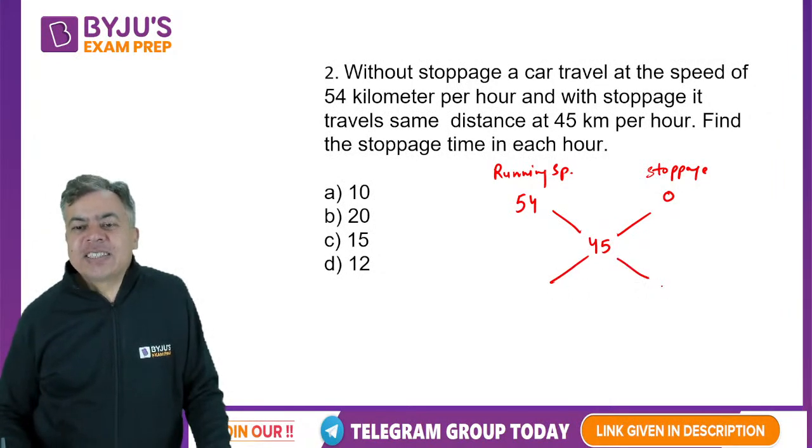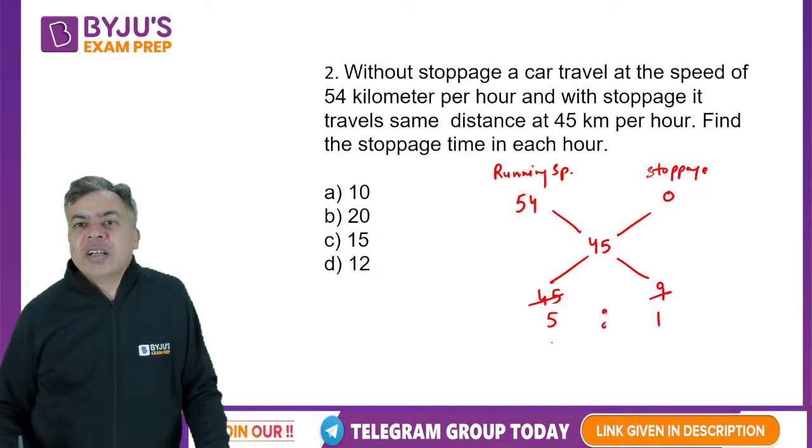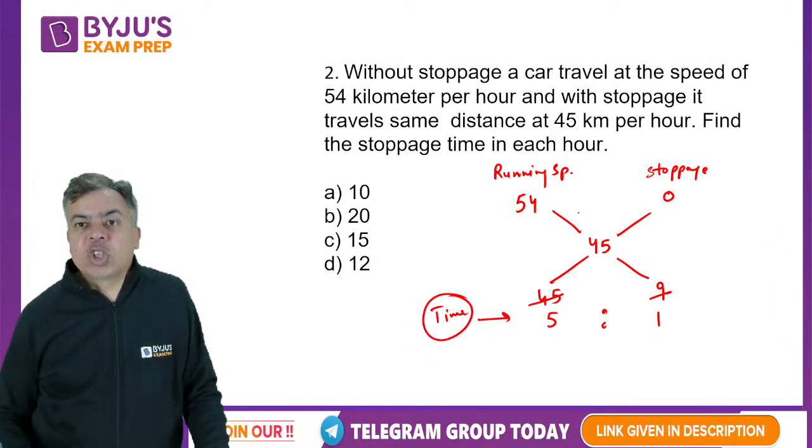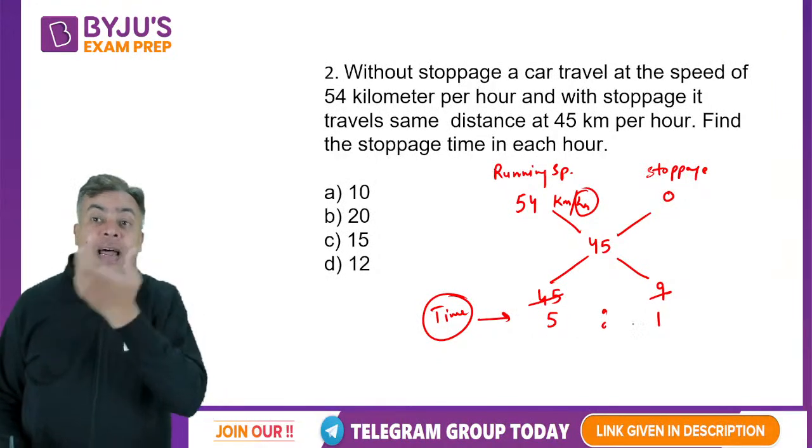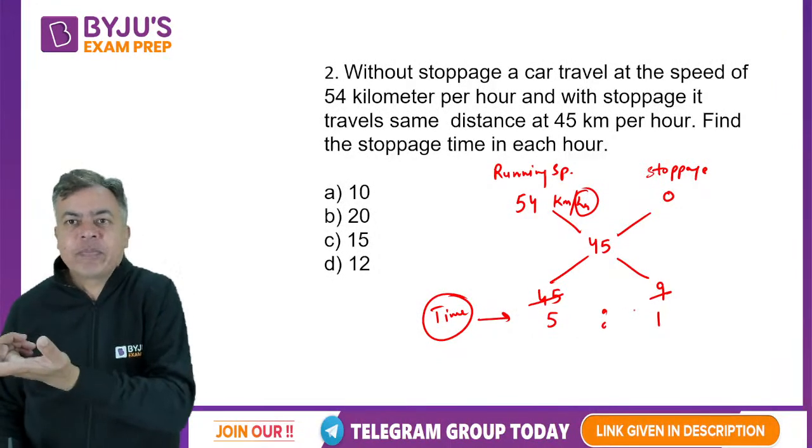You just take the cross difference and this should be 5:1. It is kilometers per hour, so it will be the ratio of time, because per hour means unit of time. So 5:1 will be the running time and stoppage time.